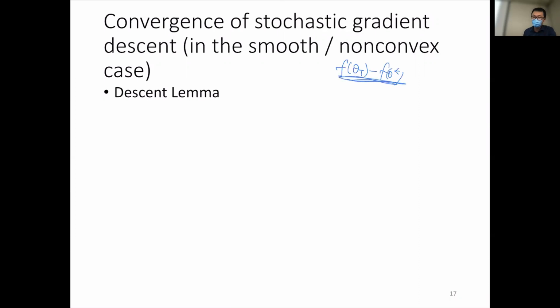But what we can show is that the gradient descent or stochastic gradient descent algorithm will end up converging to somewhere that's nearly a stationary point. So you'll converge to somewhere that is, say, flat.